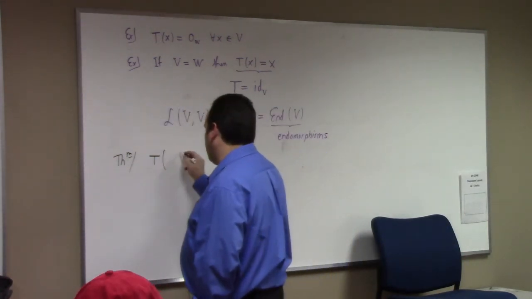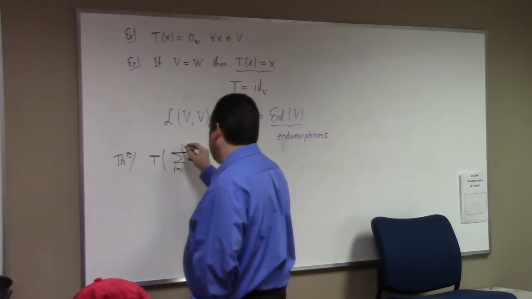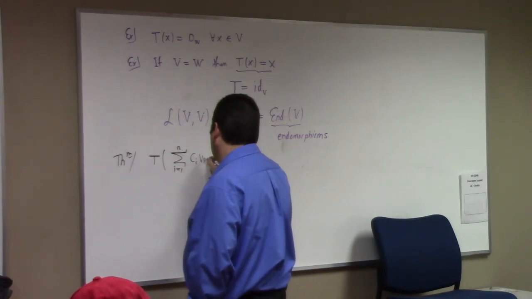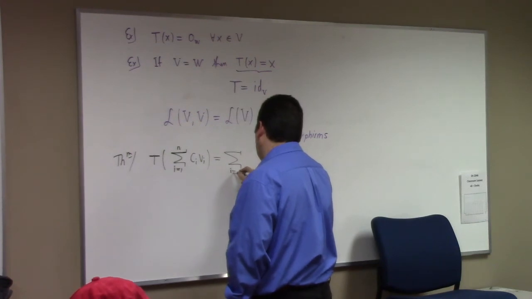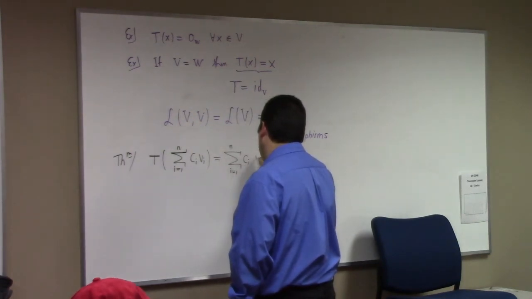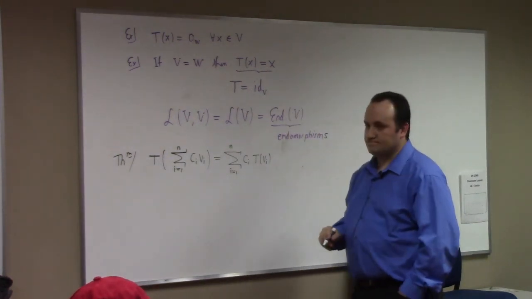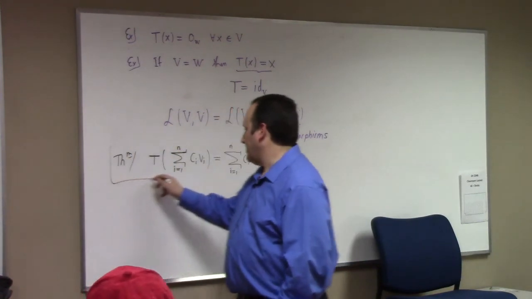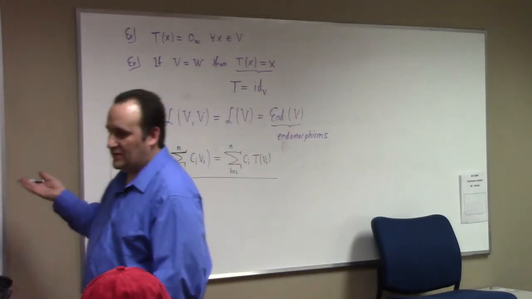Then T of the sum, i equals 1 to n of c_i v_i, is equal to the sum, i equals 1 to n of c_i T of v_i. In other words, I'm saying the definition extends.